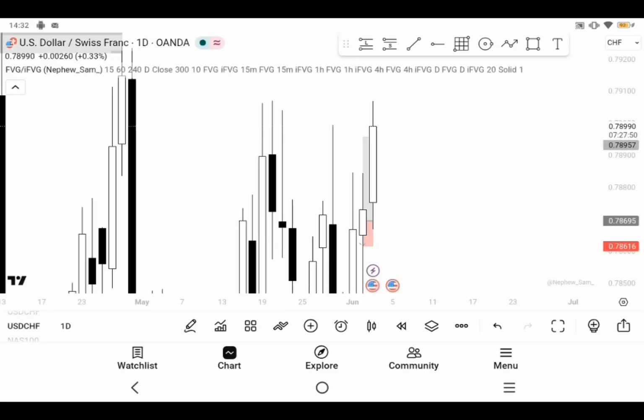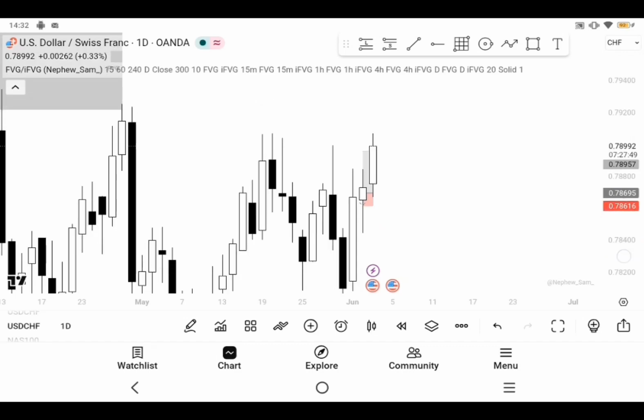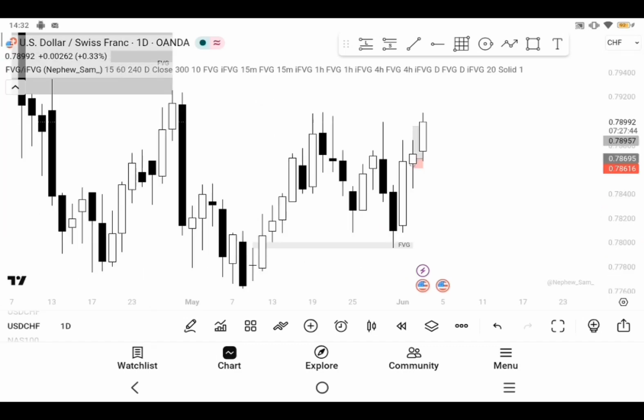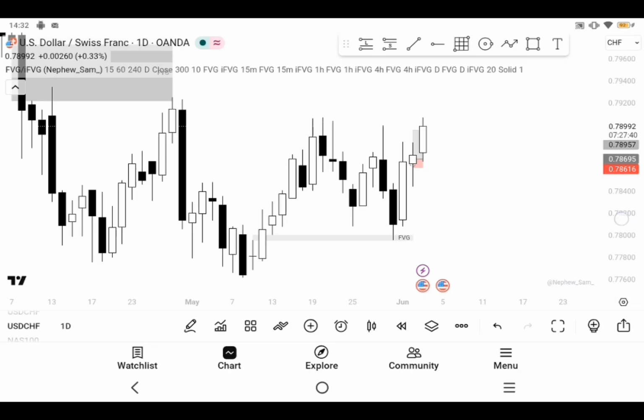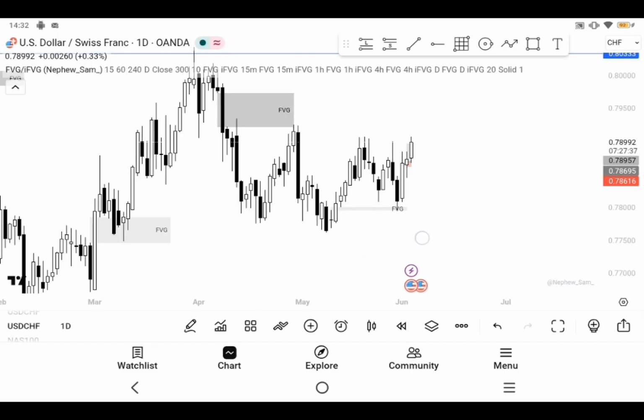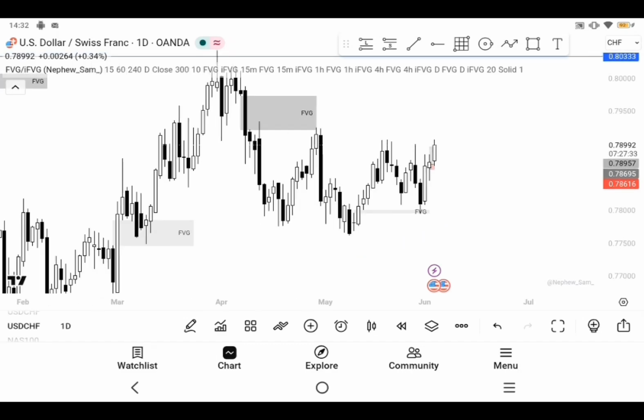Now, this is the daily chart, right? First things first, market structure and direction. What is the market currently doing? The market is in a clear downtrend for now. Why is it in a clear downtrend?